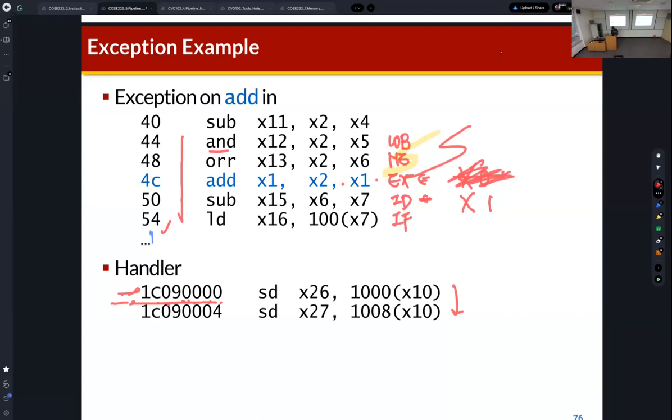But the exception of the solve instruction is not handled, which means when the solve instruction is in the ID stage, x1 will be detected again. So in this case, the exception is detected for the solve instruction, and the exception is handled.